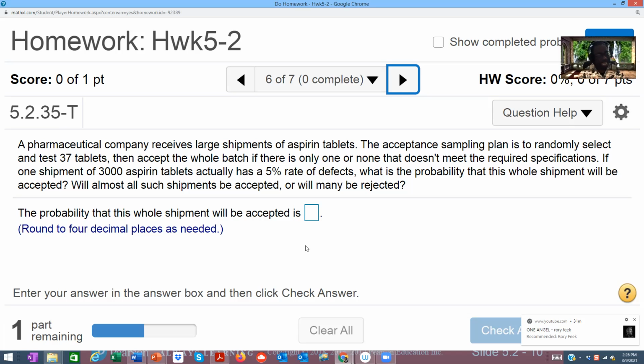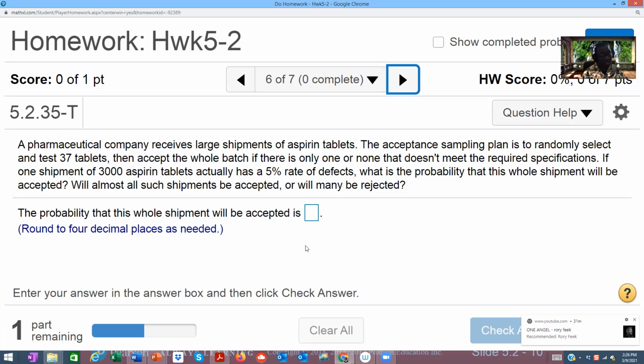Or if you have 37 tablets and 36 or 37 of them are good, then we accept the whole batch. Now you have to focus on either the number of defects or the number of good ones.